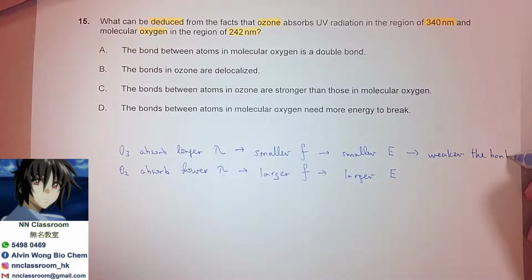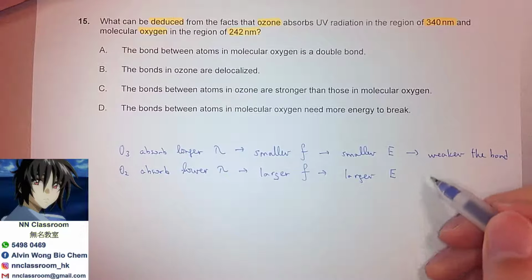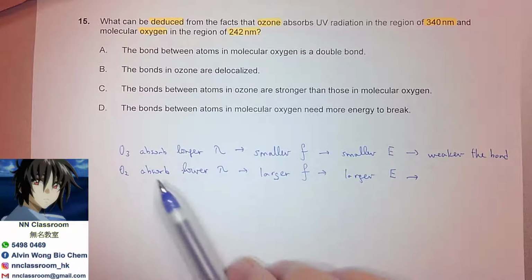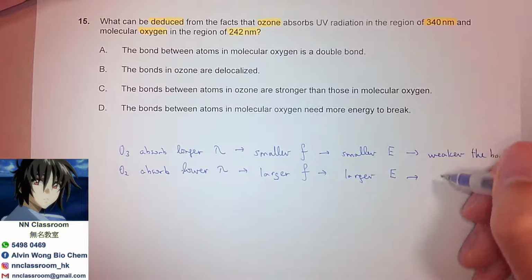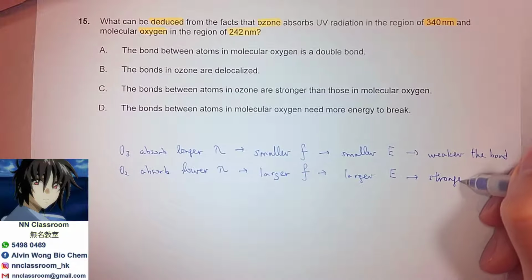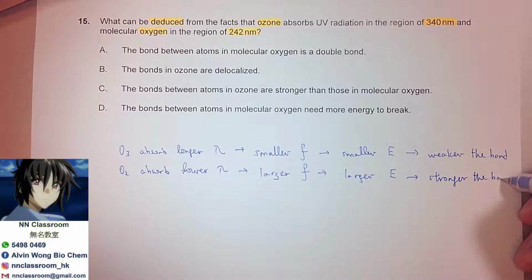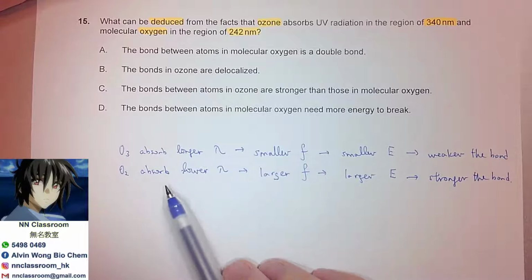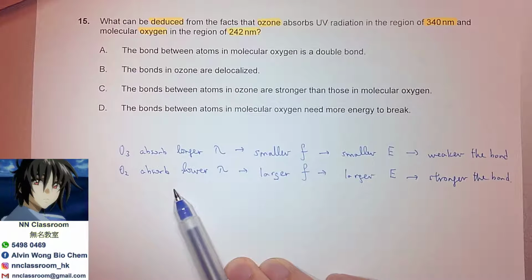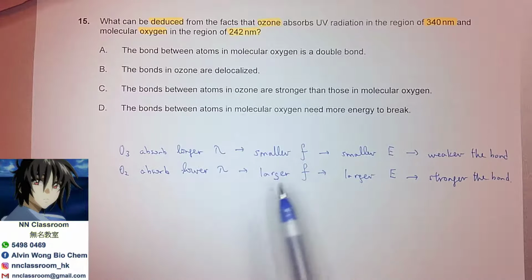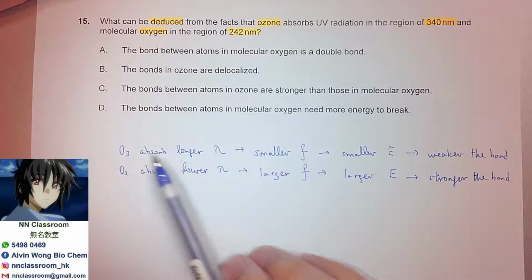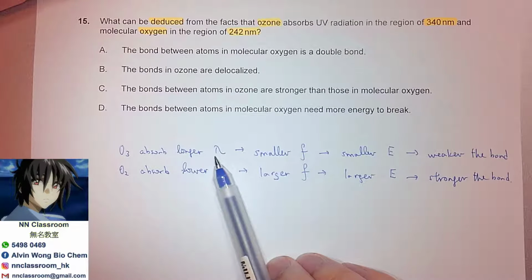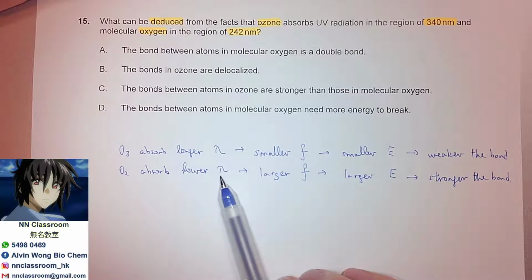And obviously more energy is used to break O2, which means it has the stronger bond. So this is all we can deduce starting from the very beginning, and the very beginning is only one fact: O3 absorbs a longer wavelength, while O2 absorbs a shorter wavelength.